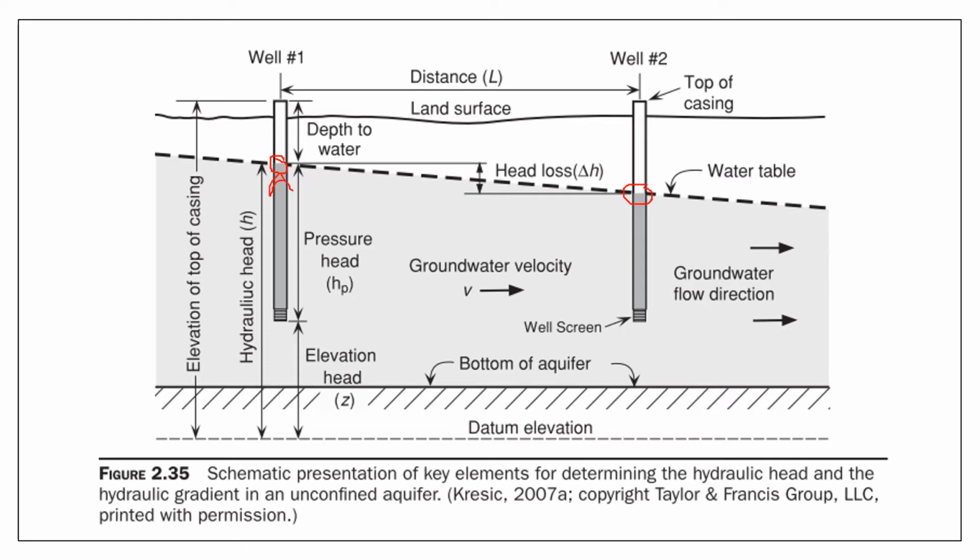Let's say we're talking about groundwater flow from point A to point B. So what are the inputs that we need for this problem?